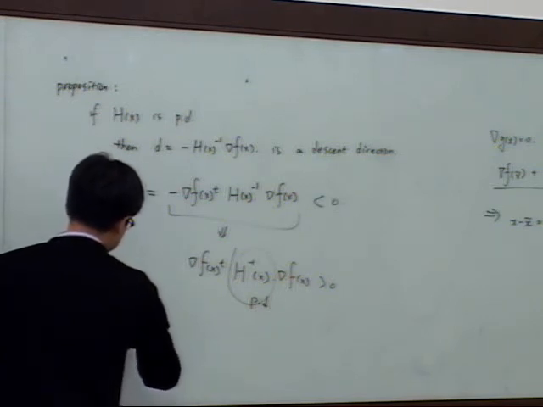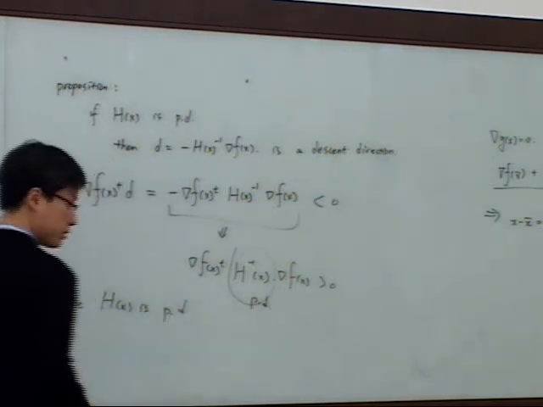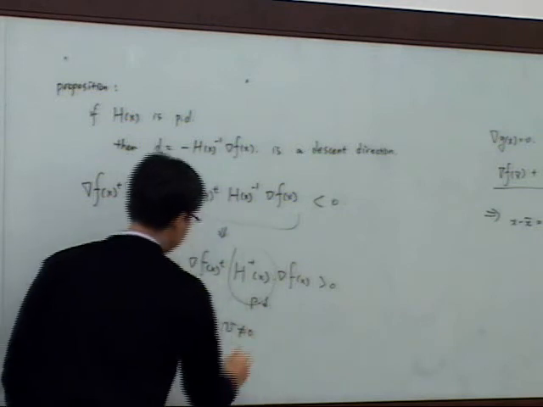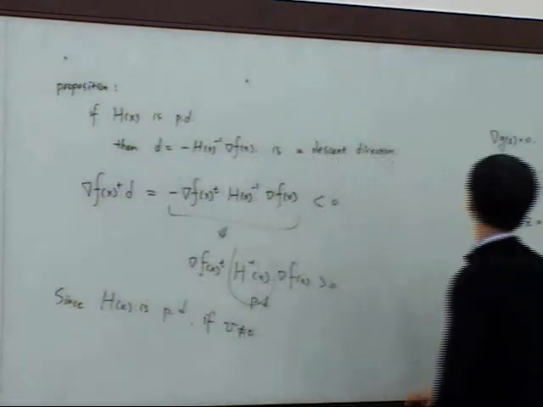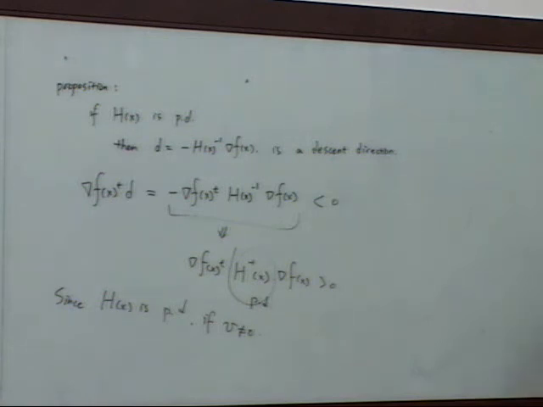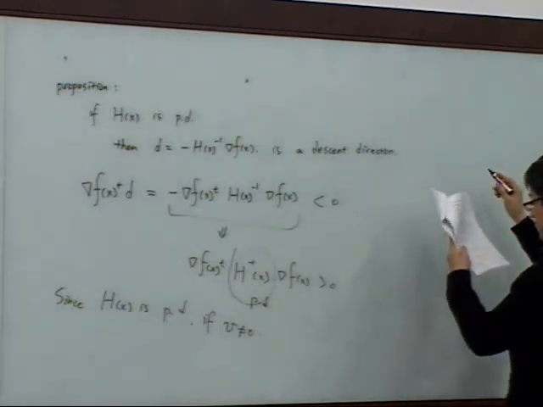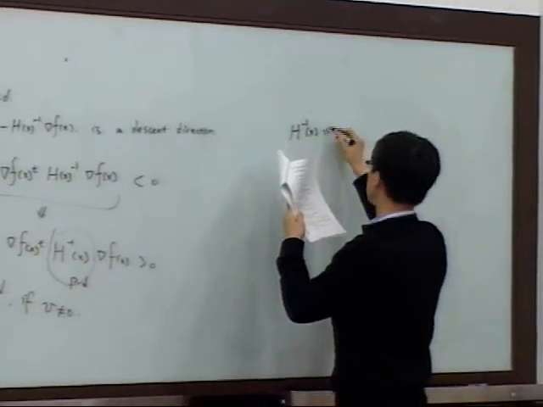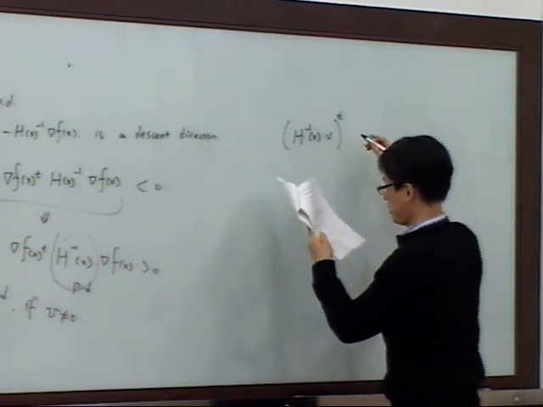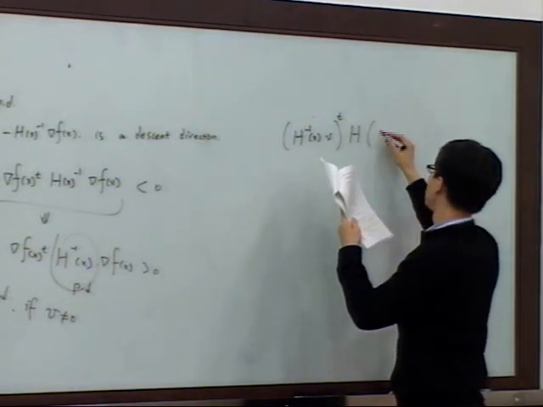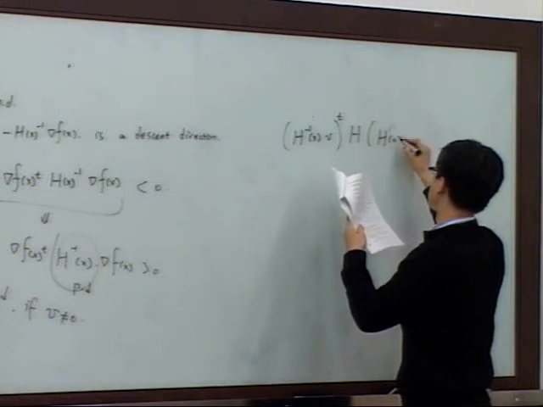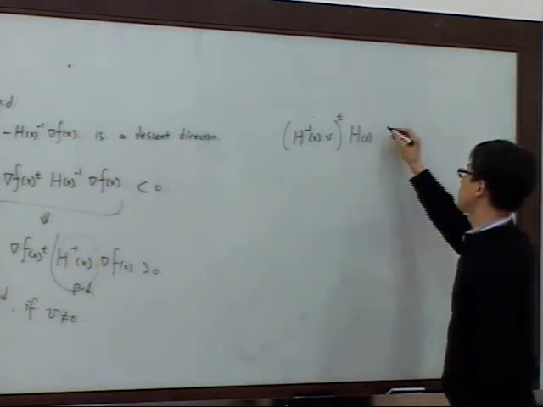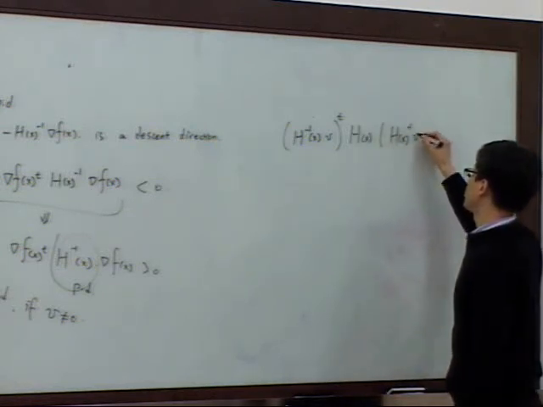Since this Hessian is positive definite, and if there is a non-zero vector b, then consider b transpose Hessian inverse b.